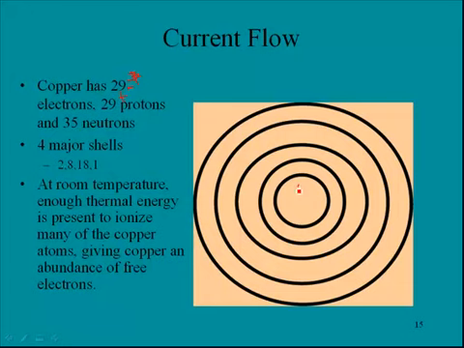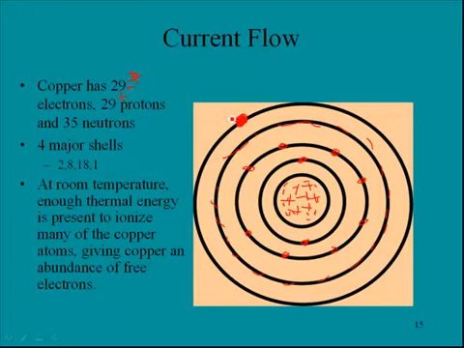And so the protons and the neutrons hang around down here in the nucleus, and the electrons are out in the various shells. For copper it's 2, 8, 18, 1. So in this first shell there are 2, and then in the next one there are 8, kind of like this. And in the next one, I'm not going to draw them in, but there's 18 of them over here. And in the outer shell, the important one we're just looking at right here is the 1 that's out in the outer shell.